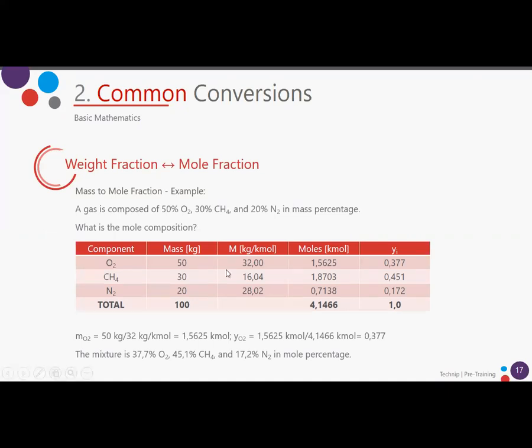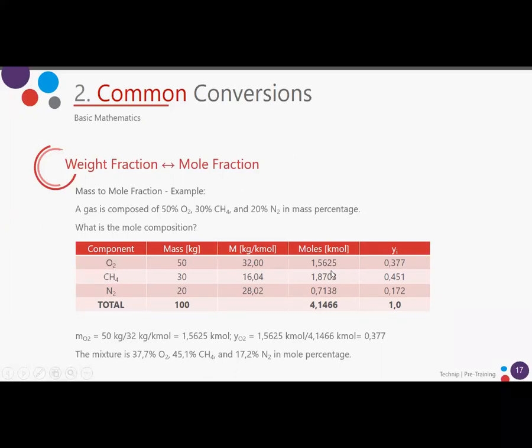Again, we have to know the molar masses of each component. Now in the next step, to get our kilomoles, we do not multiply, but we have to divide. So we divide the mass by the molar mass. 50 divided by 32 gets us 1.5625 kilomoles, which is the amount of kilomoles for oxygen.